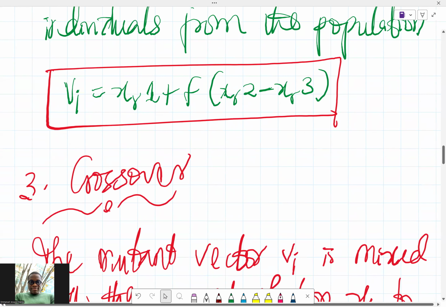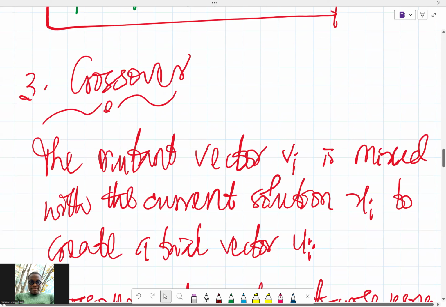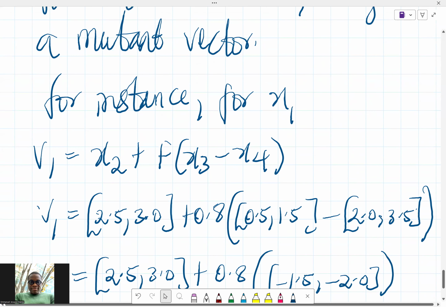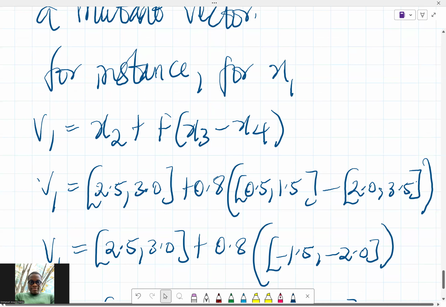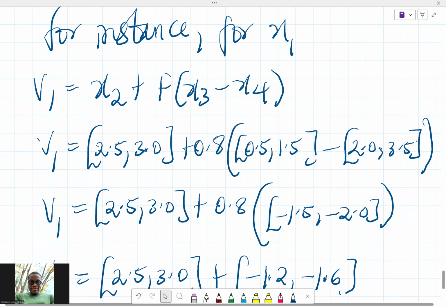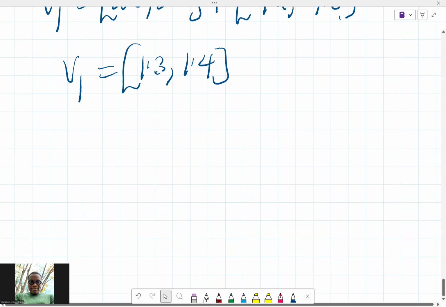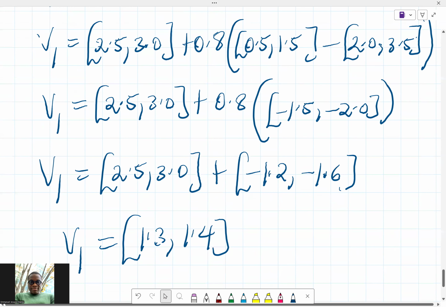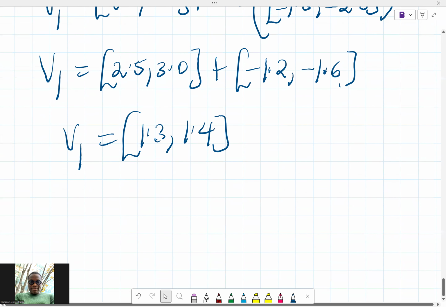So V1, V2, V3, V4. If we need V2, then we go to 3, 4, 1 back. So V2 would use X3, X4, back to X1. I think that's what that should be like. And then we have a scaling factor. F here is 0.8. We can pick that value between 0 and 1.